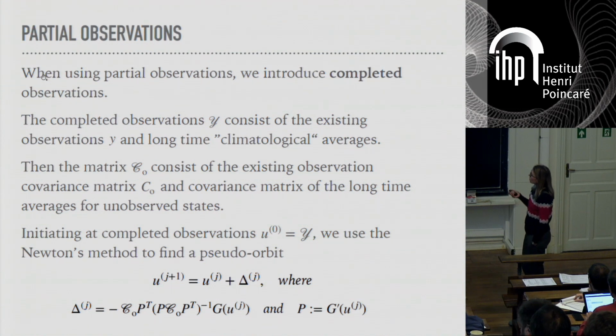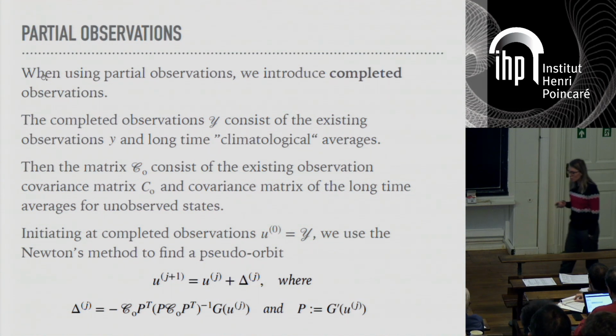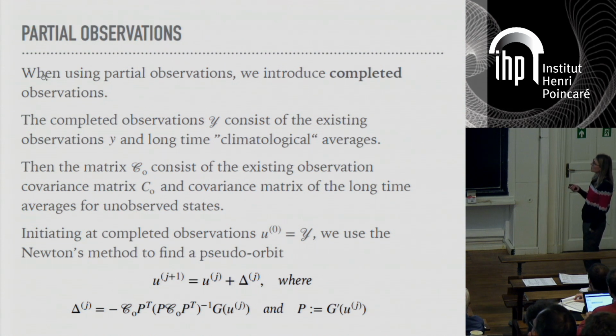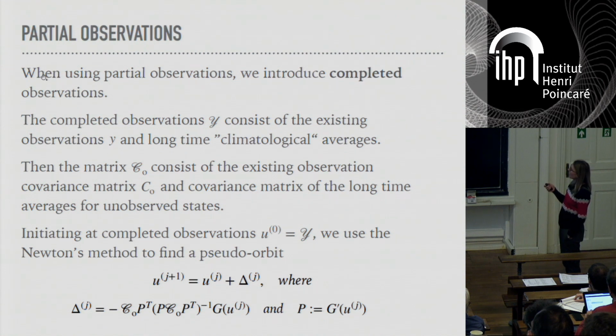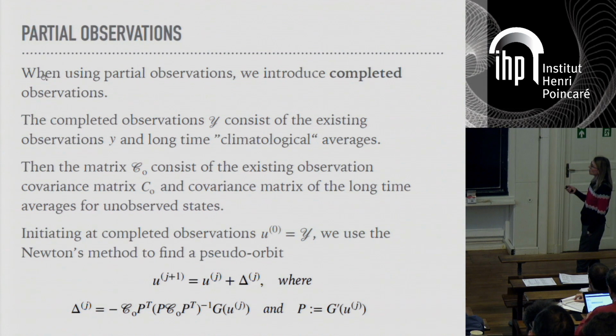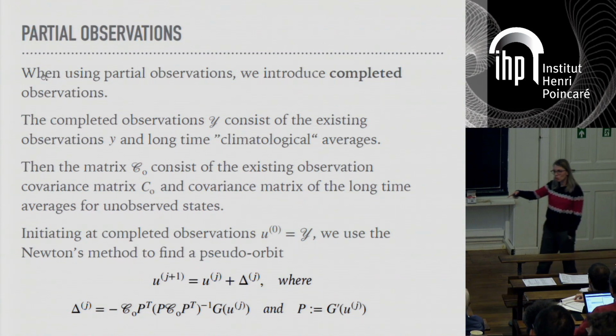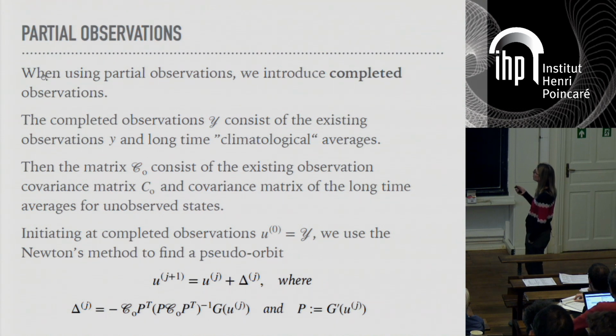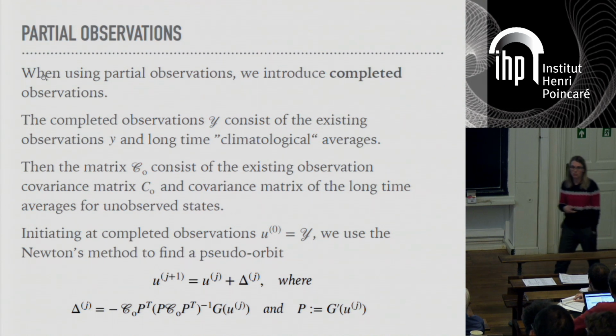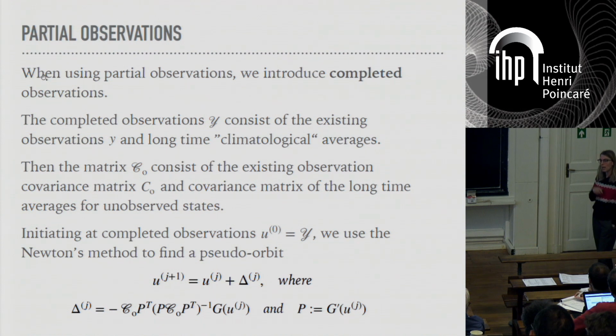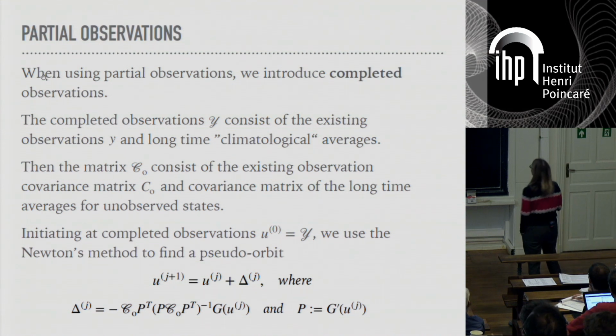Then we also need a covariance matrix of the so-called completed observations, and I'll call it curly C_O. Again, at the places where we do have observations, we use the existing covariance matrix of C_O. At the places where we do not have observations, we fill in the long-time average for the unobserved variables: we run the dynamical system for a long time, and we plug in the covariance matrix of those variables.